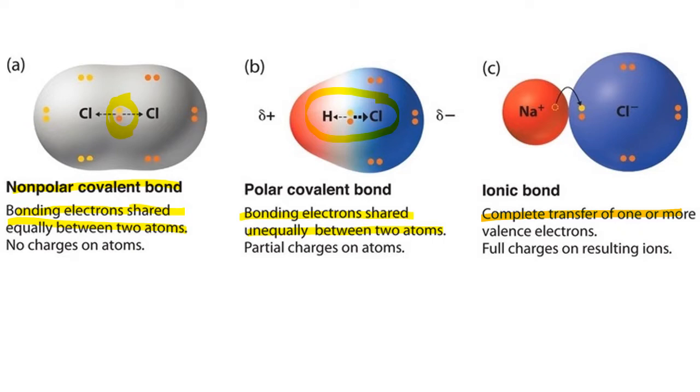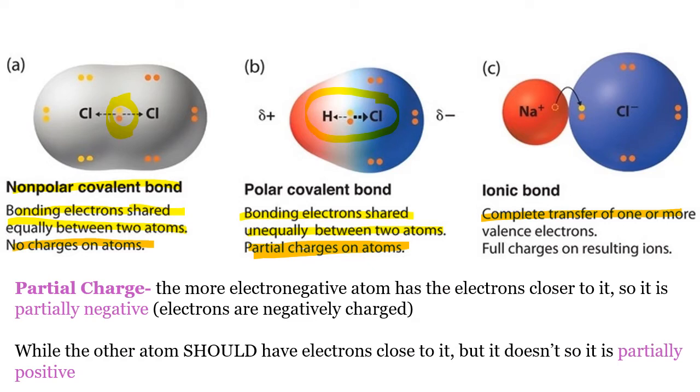Now, something you may or may not have noticed: with the covalent bonds, it says for a nonpolar covalent bond, there's no charge on an atom, versus a polar covalent bond, there are partial charges on atoms. What does that mean? A partial charge. That means my more electronegative atom has the electrons closer to it, so it is partially negative.